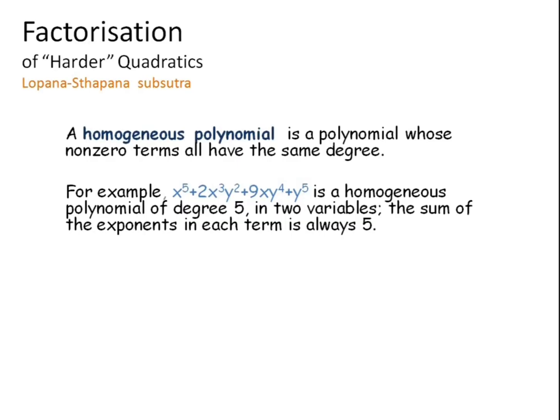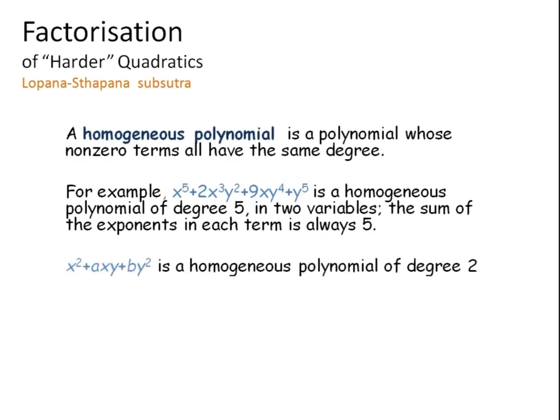So we can see that the sum of the exponents is always 5 here. Whatever the power is, which is the same for all the non-zero terms, we can call it of that degree. For example, the equation we have seen is a homogeneous polynomial of degree 2.